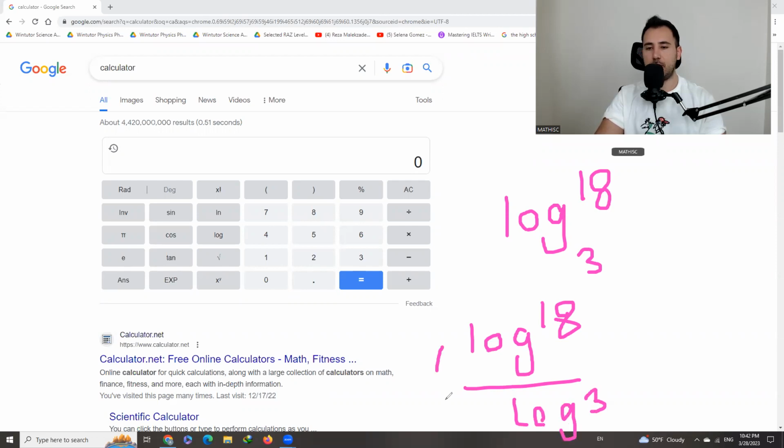And once we find it, we know that it's going to be the negative value of this. So let's go. I'm going to write negative log 18 divided by log 3. There we go. It's going to be 2.6 something, but the answer will also have a negative before it.